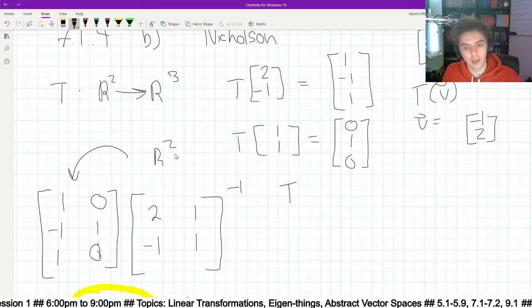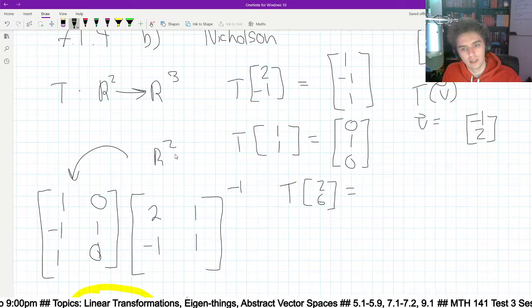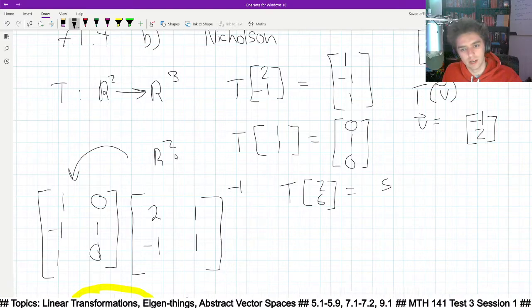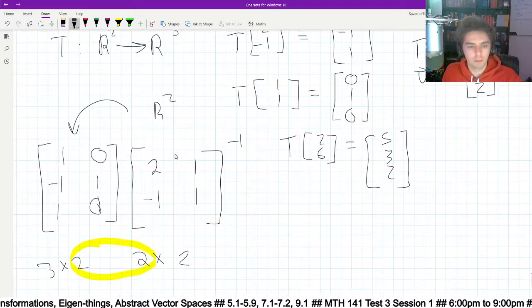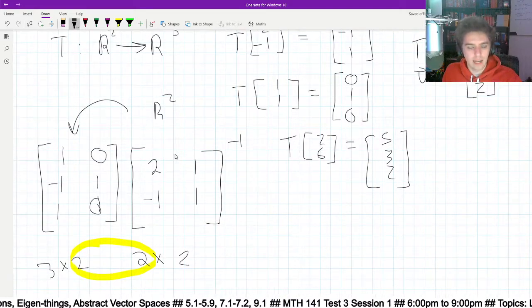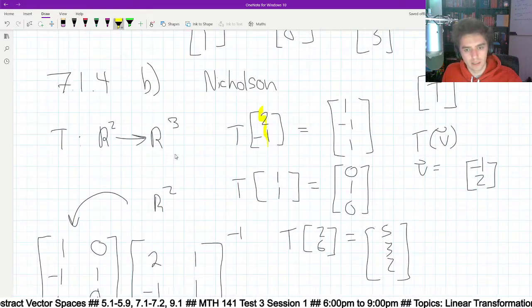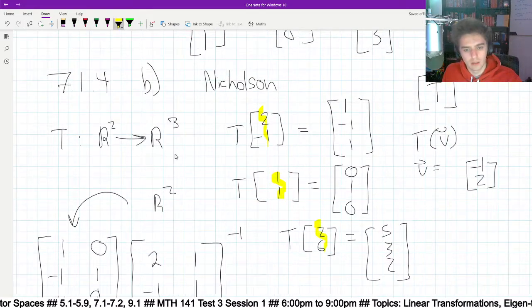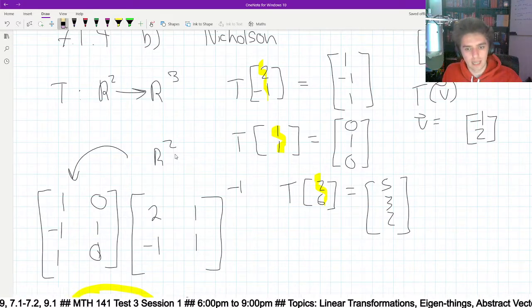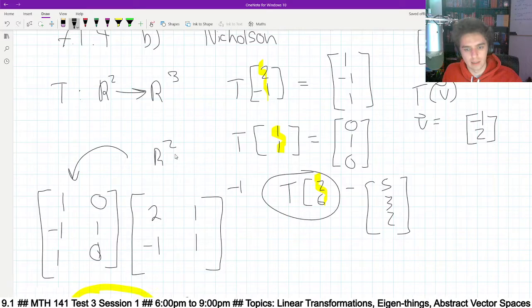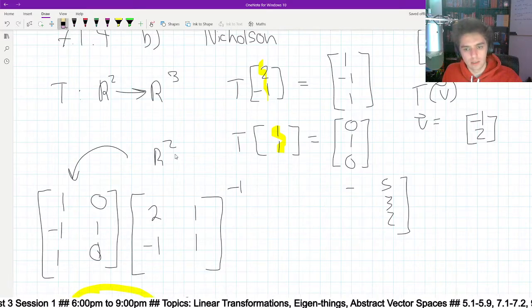If, for example, you had a third one, like T of 2, 6 equals whatever, 5, 3, 2, well, sure, you could put this in here and then add another one. But the problem is that this is not linearly independent anymore, because this doesn't add anything to the span. So you'd actually end up knocking this one out anyways.